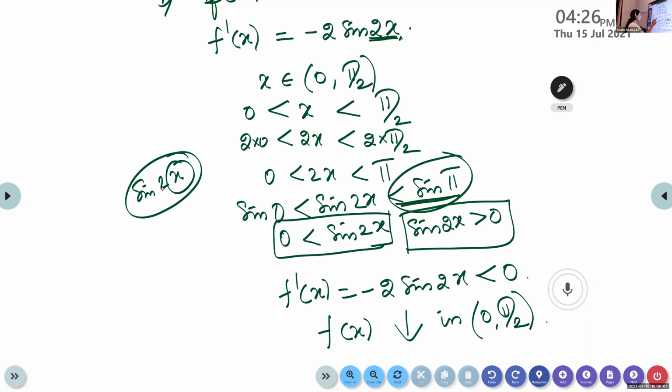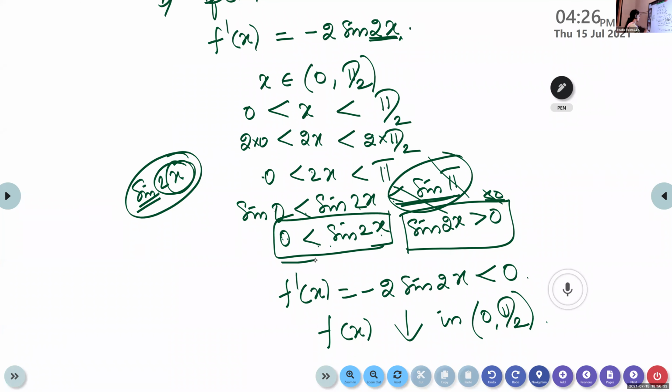Now that we have 2x, the next thing is to take sine for all these values. Sine 0 is less than sine 2x, which is less than sine pi. Sine 0 is 0, so 0 is less than sine 2x. If you take the other side, you will get less than 0. So now you leave this one and take only this part. We want only this part, where sine 2x will lie.